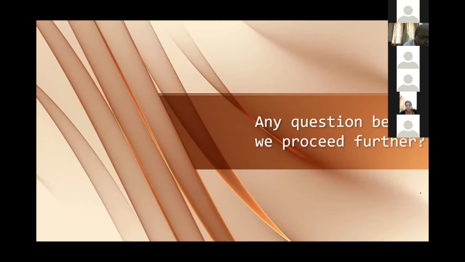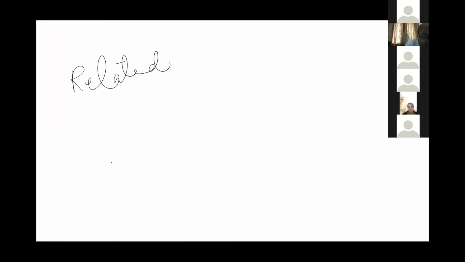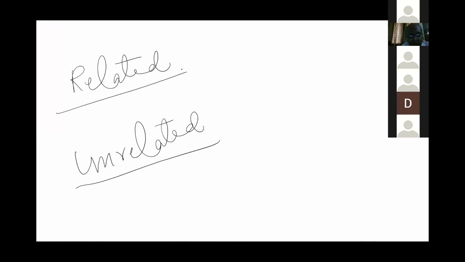There is a request: how do we see the difference between related and unrelated samples? Okay, I give you an example of unrelated samples first.